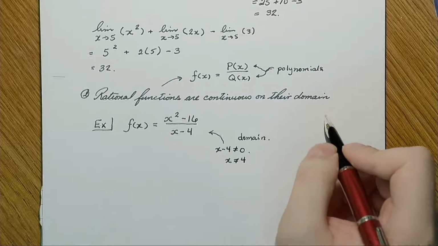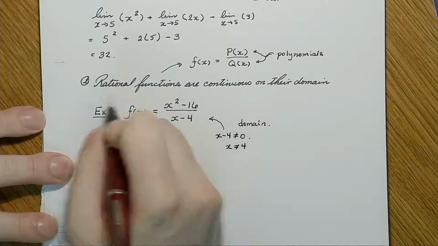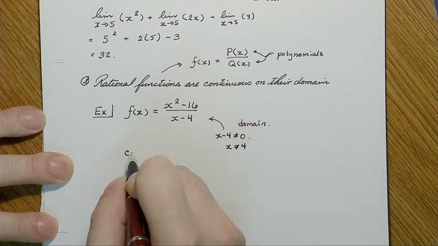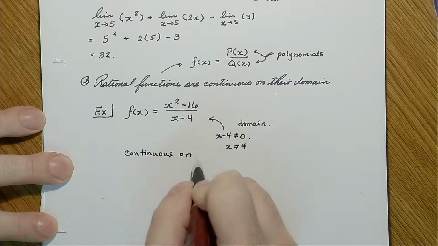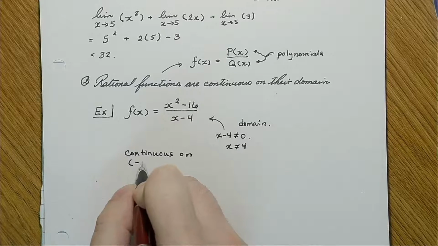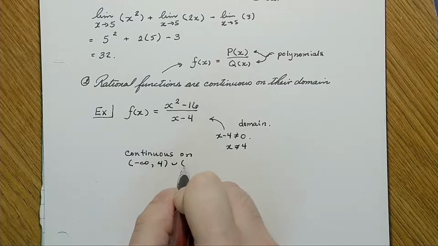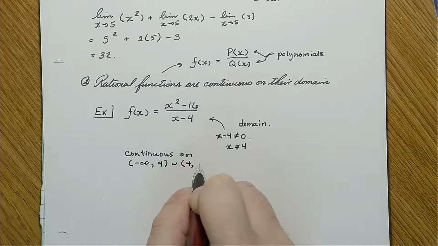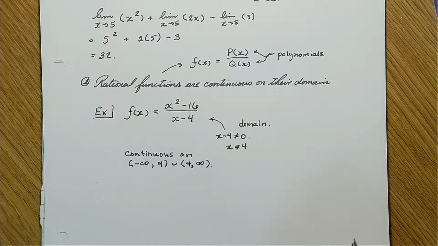So based on what we have up here, it is continuous on the domain minus infinity to 4 union 4 to infinity. So that's the domain that we're using.